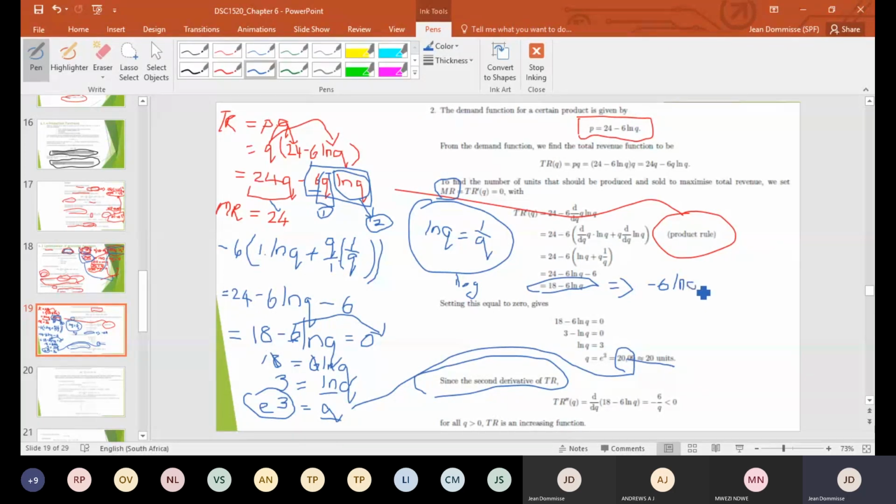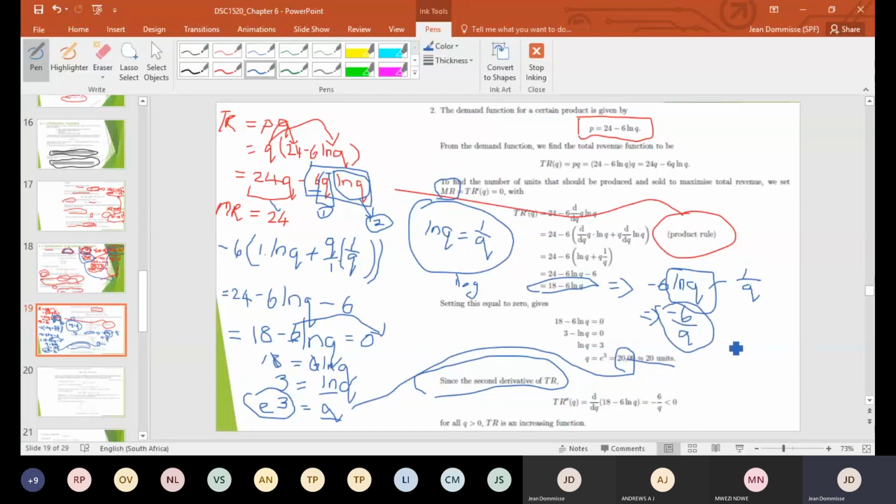Remember, the derivative of ln q is 1 over q. So the second derivative then is basically minus 6 over q.